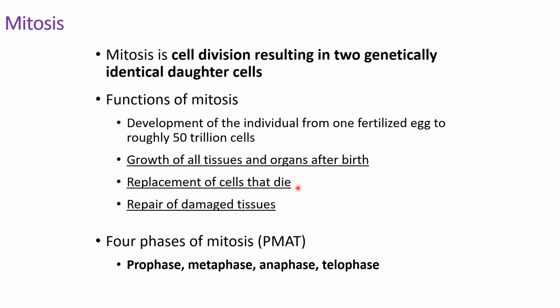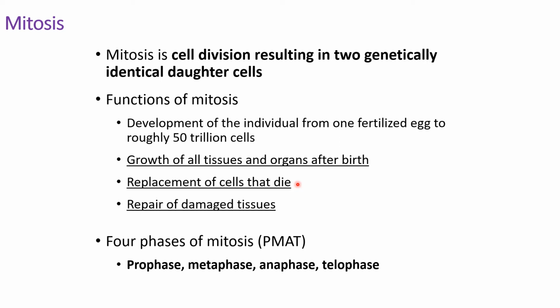Also, replacement of cells that die. Now, sometimes we have what you call normal cell turnover. We will talk about this when we go into the skin, when we talk about the integumentary system in chapter 6. Basically, in the skin, you have cells that die.